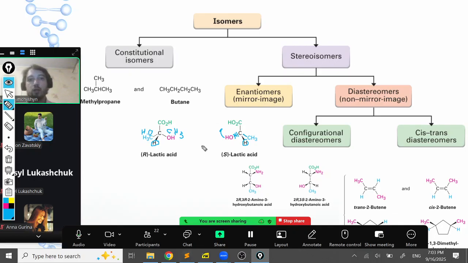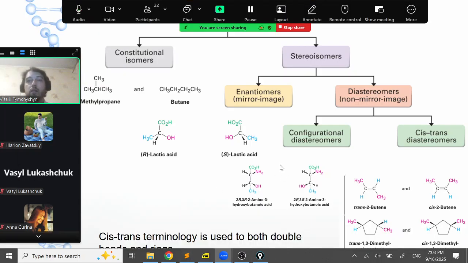So two groups will always be swapped. You cannot get from here to here without breaking any bond. And that may be interesting in some cases. I will show you some problems later that this exactly influences.